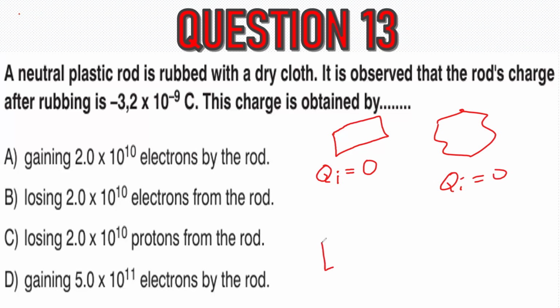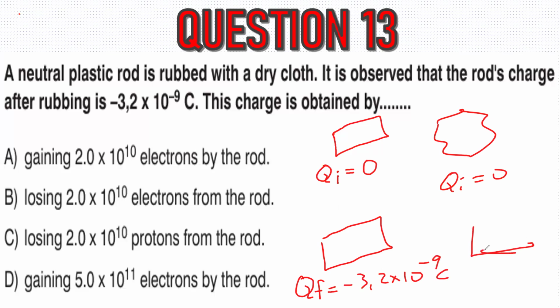When you wrap them on each other, you are getting Q final is negative 3.2 times 10 to the power of negative 9 coulombs. And for cloth, what is charge for this? They didn't give you, but what we know, final charge for this one, positive, because electrons are moving this way. So positive 3.2 times 10 to the power of negative 9 coulombs. I hope it's clear. Initial charge, final charge, initial charge, final charge.